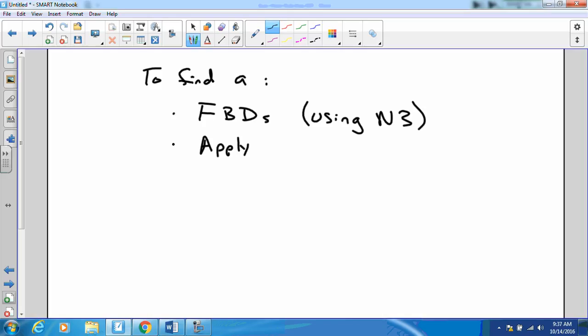So this is going to be a big deal. And then we're going to apply Newton 1 or Newton 2 as applicable in order to determine the acceleration of the object.